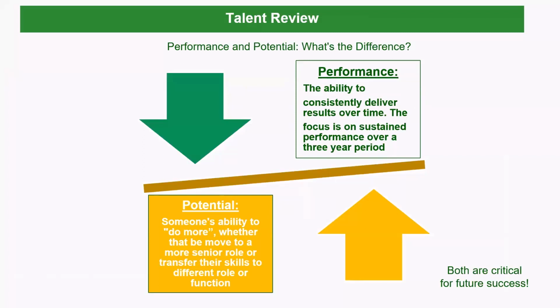And the focus for performance is that it's on a sustained basis. Maybe you look at the last 2 to 3 years, this person has been scoring A. Then that person should be spotted. That means it's an A player. Most of the time we don't look at some of these things critically.